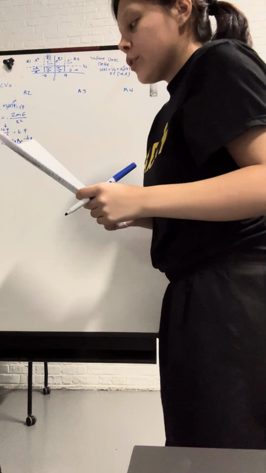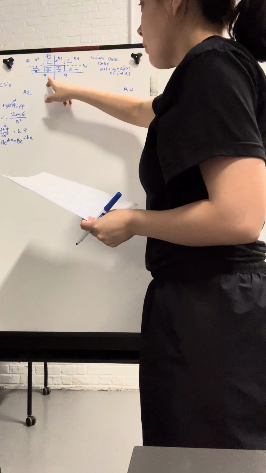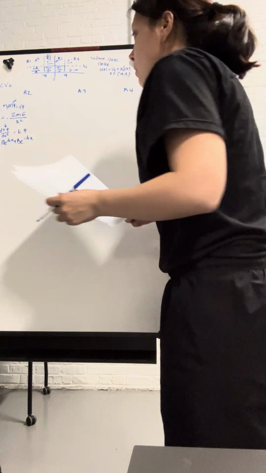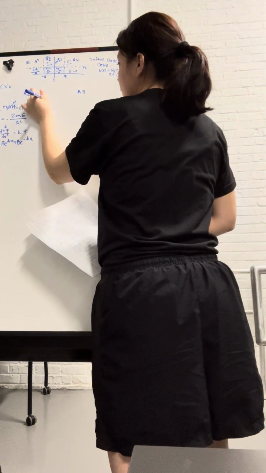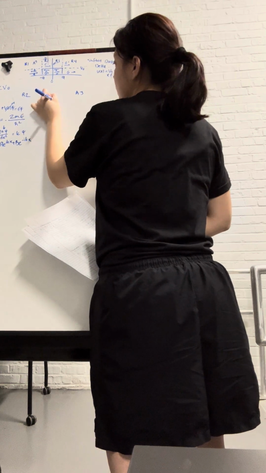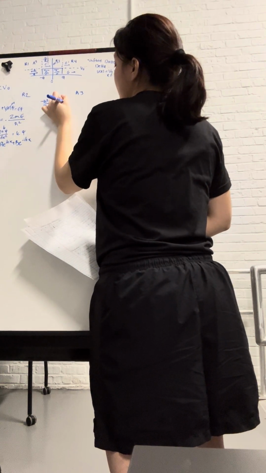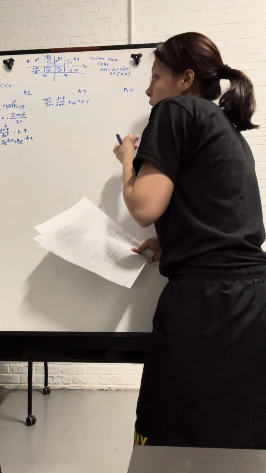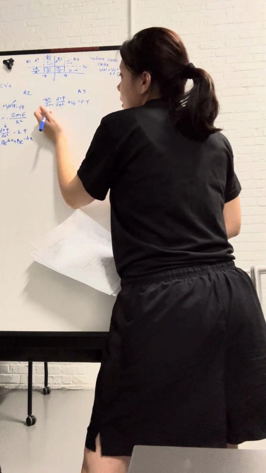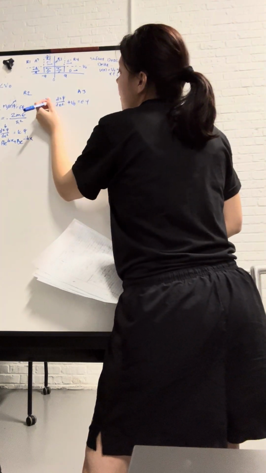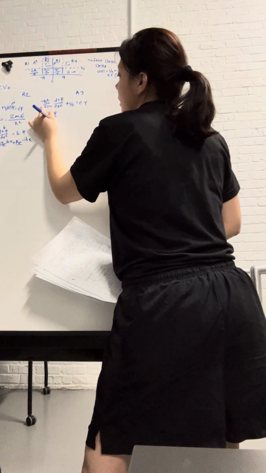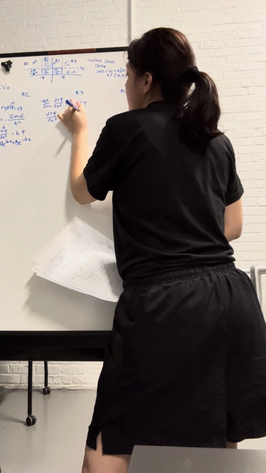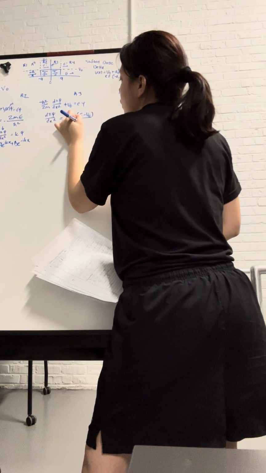For region 2, we do have a potential, since x is between negative a and 0. That potential will be V naught. So for region 2, it will be negative h bar squared over 2m d squared psi dx squared plus V naught psi equal to E psi. Since we have a potential, we subtract V naught to the other side and do the same process once again, which leaves us with d squared psi dx squared equal to 2m times V naught minus E over h bar squared.